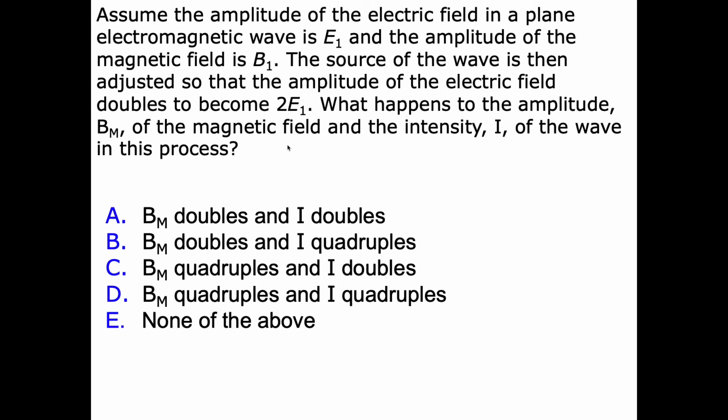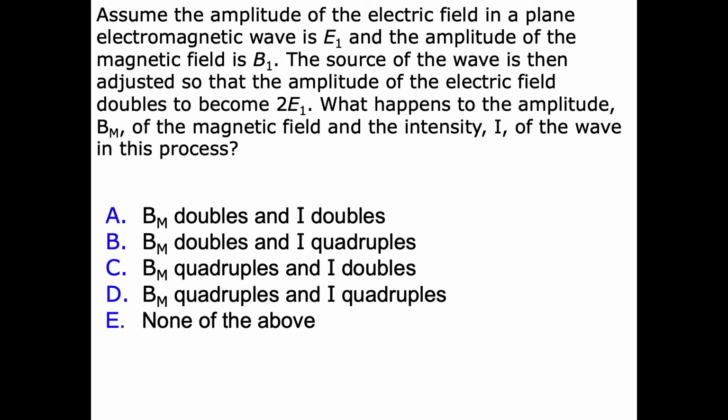Okay, so assume the amplitude of the electric field in a plane electromagnetic wave is E1, and the amplitude of the magnetic field is B1. Oops, I have a notation problem, sorry.